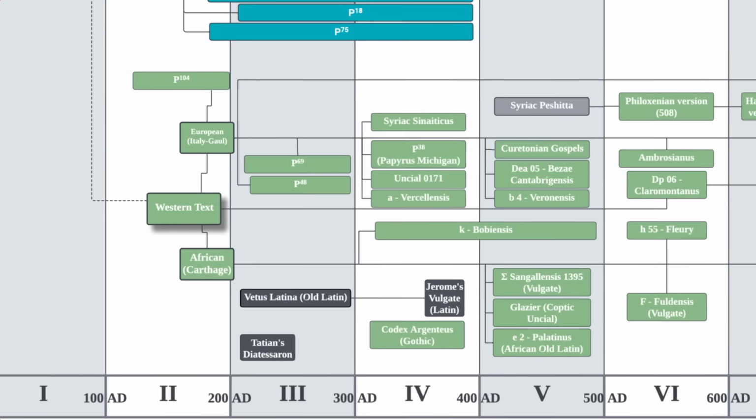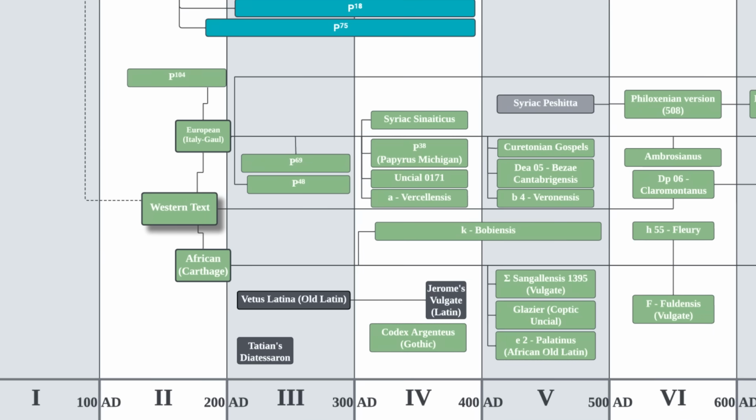Since the Western Church worshipped in Latin, they produced many Latin translations of the New Testament, which generally match the version of the Greek text found in this so-called Western cluster. The most famous of these Latin versions is the Vulgate, translated by St. Jerome. It was produced in the late 4th century.